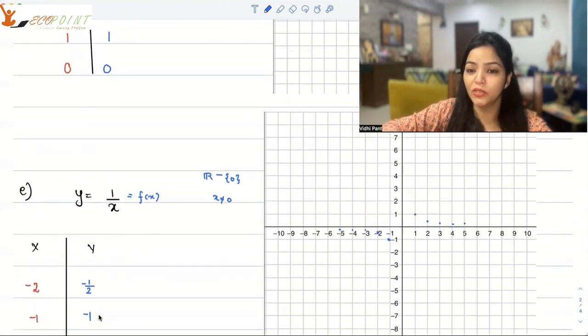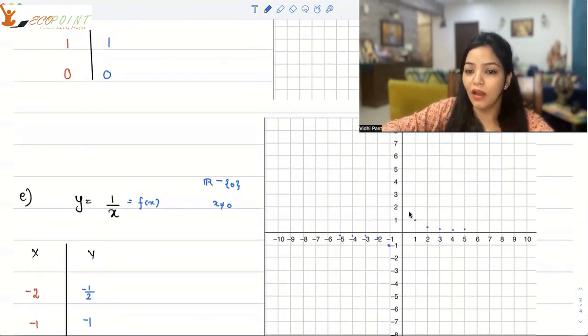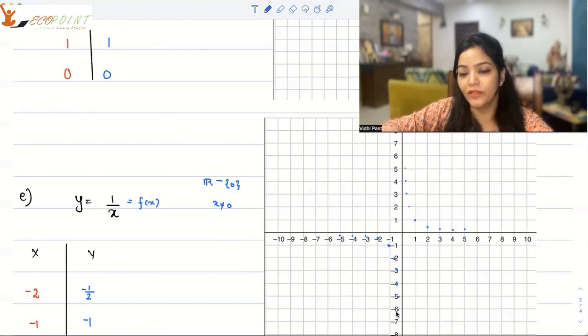So that's pretty interesting. We are getting higher values this way. And here also, if my input is half, I'm going to get minus 2 here. Then it's going to move something of this sort.